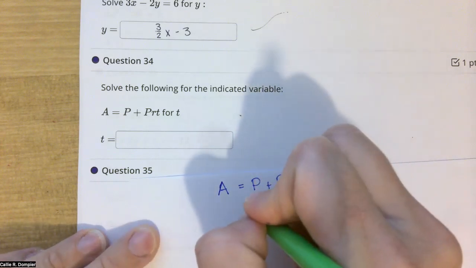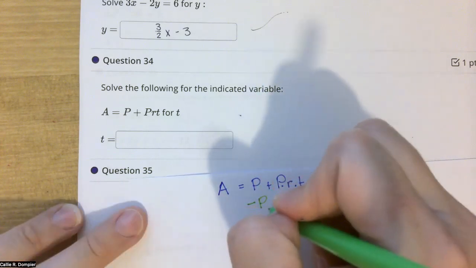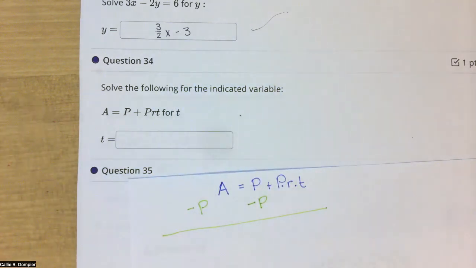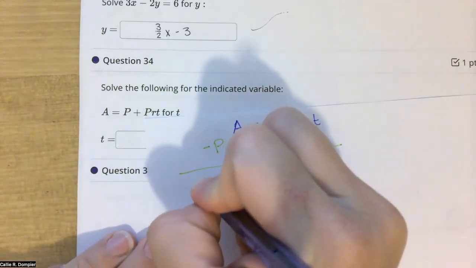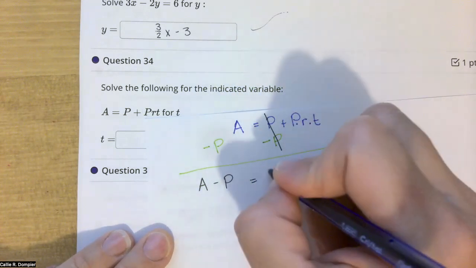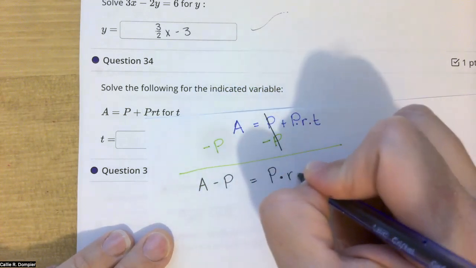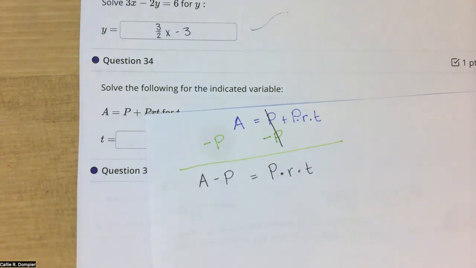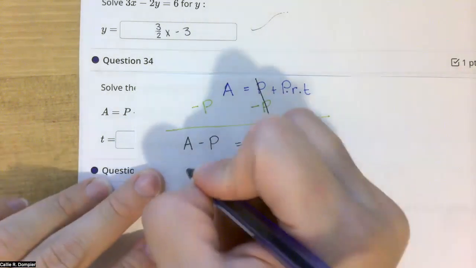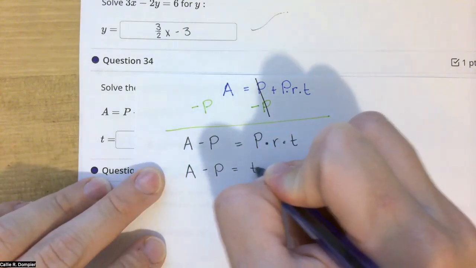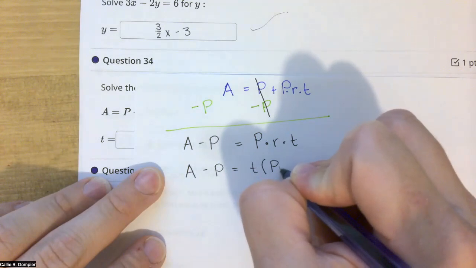P is being added to it, I'm going to subtract P. Anything I do to this side, I have to do to this side. So I'm going to rewrite that as A minus P equals, those cancel, P times R times T. Right? Now T is being multiplied by RP. I'm even going to write it as A minus P equals T times PR.